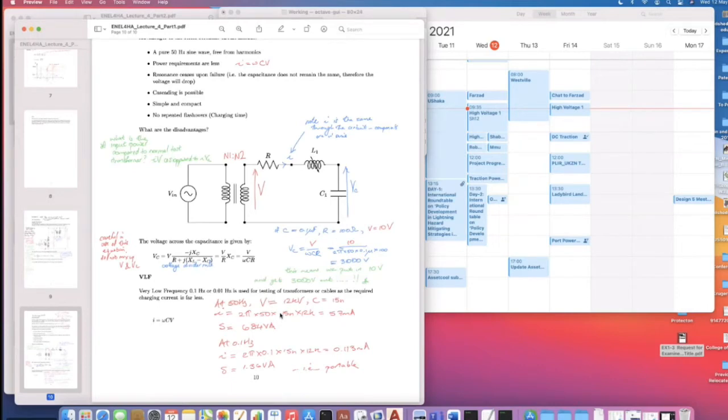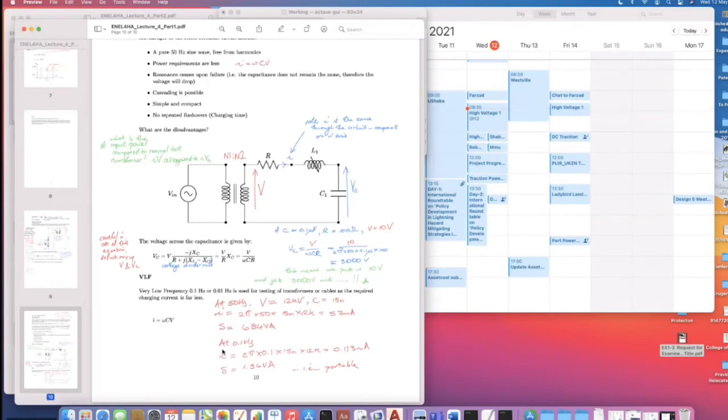Capacitive reactance. So that frequency is a very important component. So at 50 Hertz, with a voltage of 12 kV and a capacitance of 15 nanofarads, our current would be 57 milliamps. Therefore, the power rating of our source would be 684 VA.